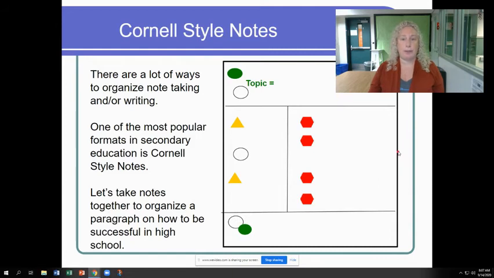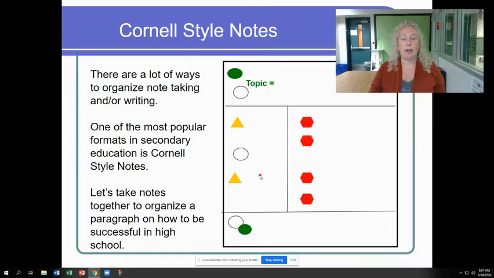So, for example, if I was in history class taking notes on the Revolutionary War, my teacher might be covering the shot heard around the world. So here in this column, I'm going to write the shot heard around the world. And then to the right, that's where I'm going to take notes about it. Where did it happen? When did it happen? Who was involved? What led up to it? What were the consequences of it? All that's going to go to the right here.